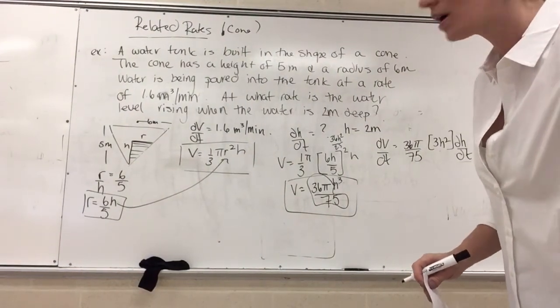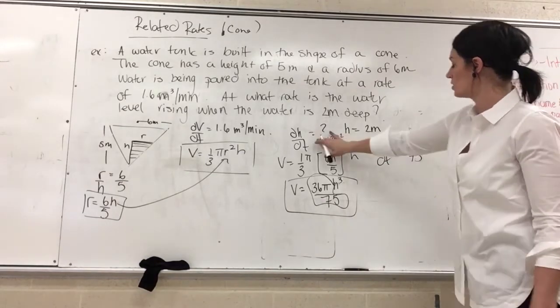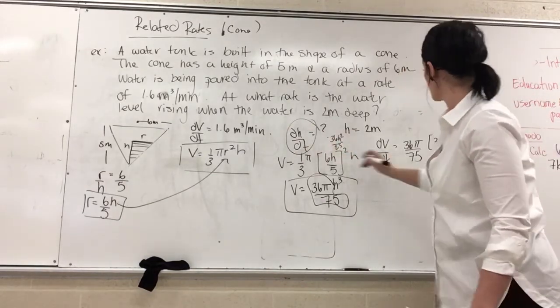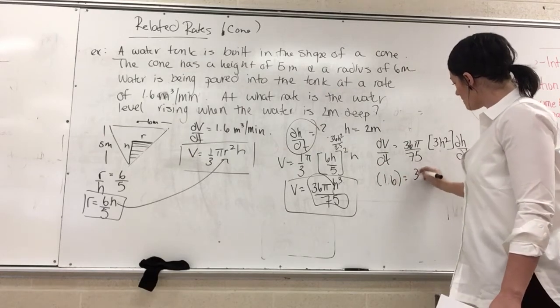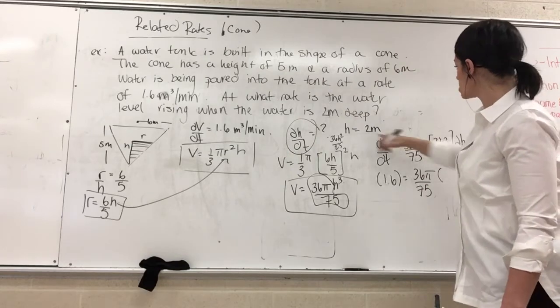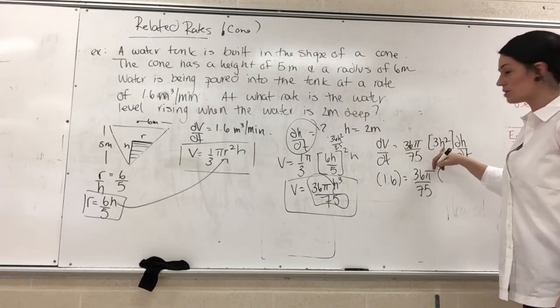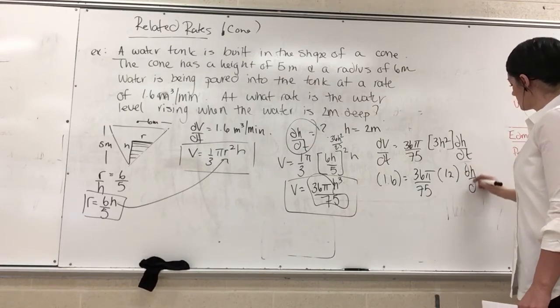Then what I need to do is solve for what I'm looking for. I'm looking for dH/dt, so I'm going to plug in everything I know. I know dV/dt is 1.6. Remember, this is just a coefficient. h is 2, so h squared is 4 times 3, so that's going to be a 12 times dH/dt.